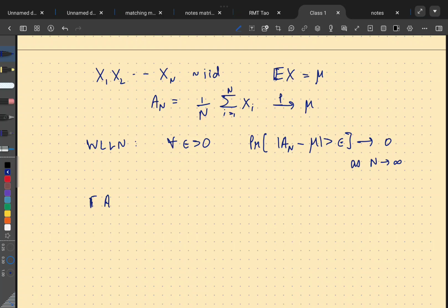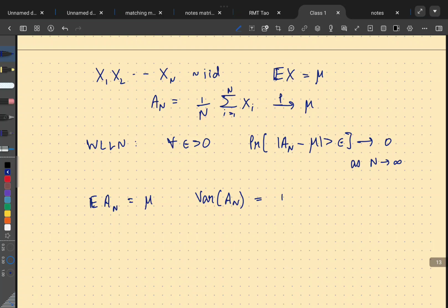What is the expected value of An? It's equal to mu. And what is the variance of An? It's sigma square by n.